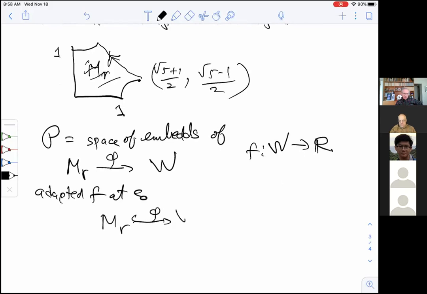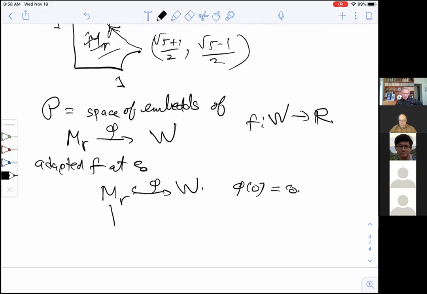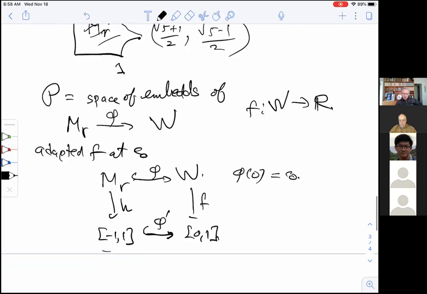We have a smooth embedding phi, and the critical point goes to C0. And this has to send levels to levels in the sense that when we take H, which goes down to -1, 1 on this side, and F, which goes down to 0, 1 on this side, we have an embedding called phi prime of the domain of H to the domain of F.